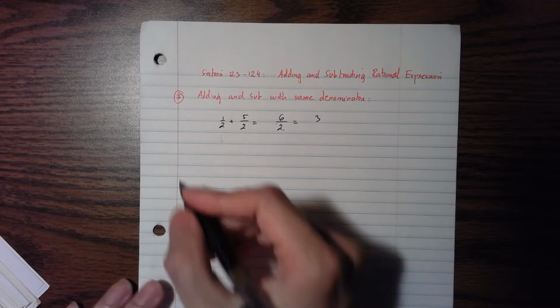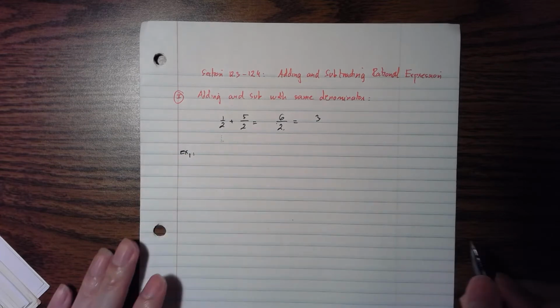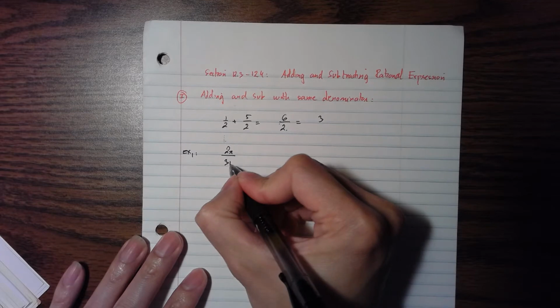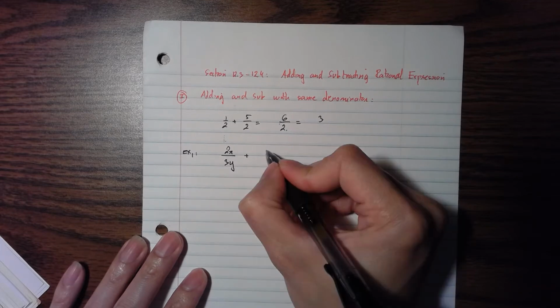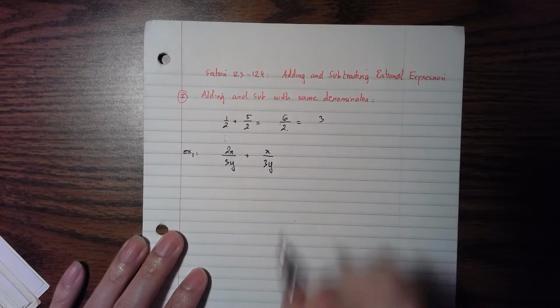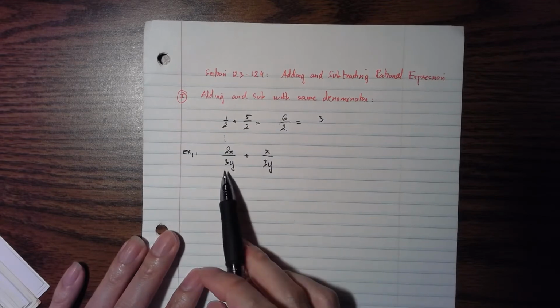For example, what if I have 2x over y plus x over 3y. Okay, so you have two rational expressions.